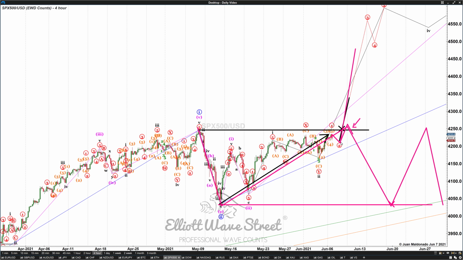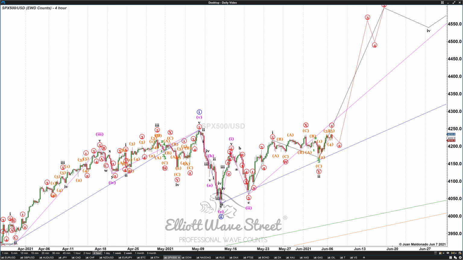So if we have the price going outside and accelerating, great. But if we have the price outside and re-entering the previous wave 1, that's a big issue, and we are likely to go lower, maybe back to the 4050 area or somewhere at the middle, a big retrace around this area.